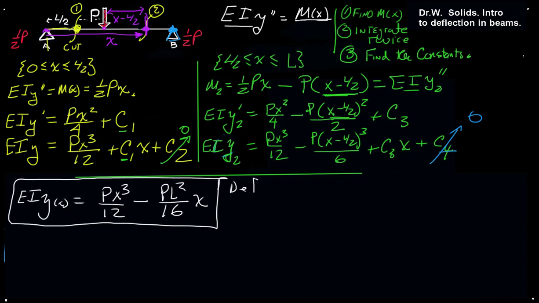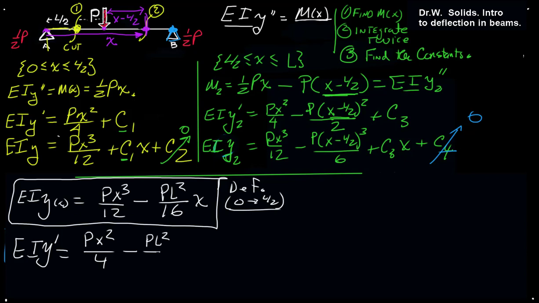And that's the deflection at any location from 0 to L on 2. This will also give us our equation for slope as Px squared on 4 minus PL squared over 16, which we could also get by just quickly taking the derivative of this as well.